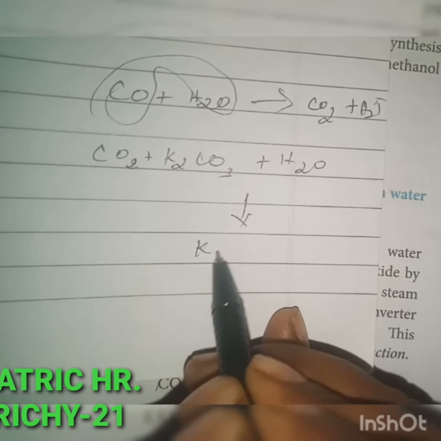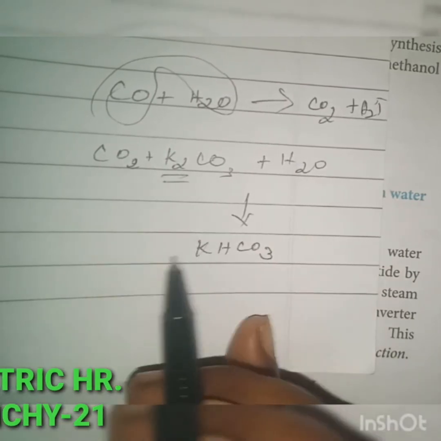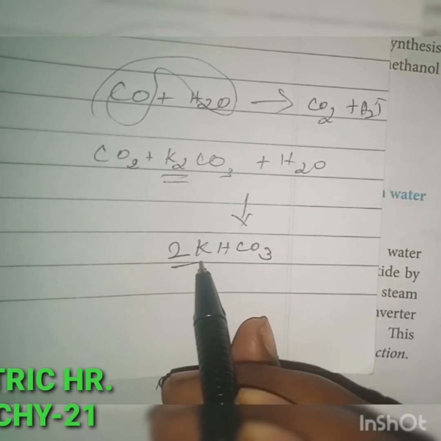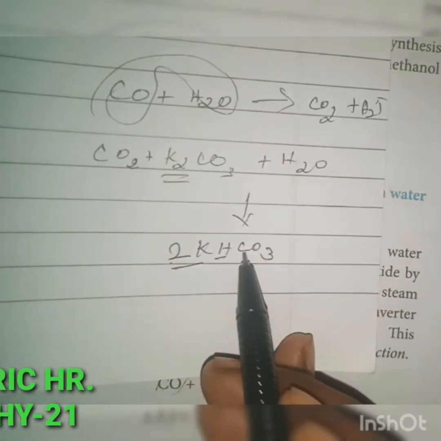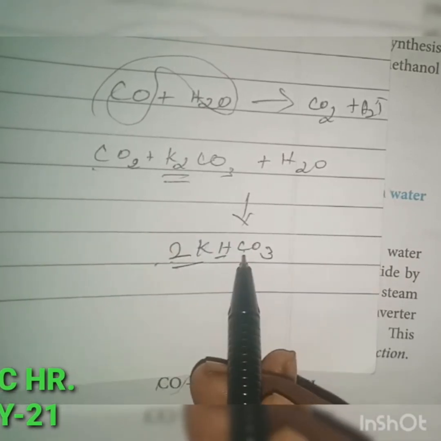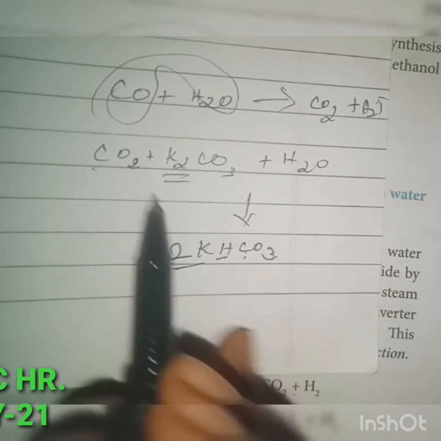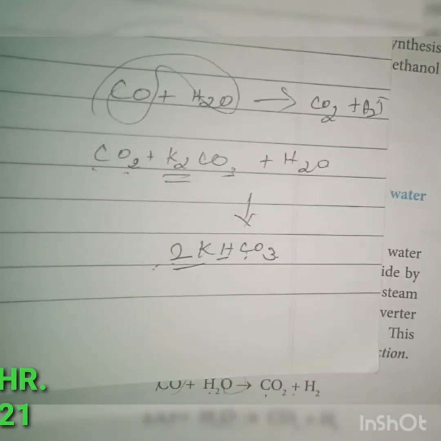So here potassium 2 times, hydrogen 2 times. So here also hydrogen 2 times, carbon 2 times. So here carbon plus carbon, 2 times. Oxygen, 3 twos are 6. So here 3, 4, 5, 6 times of oxygen.